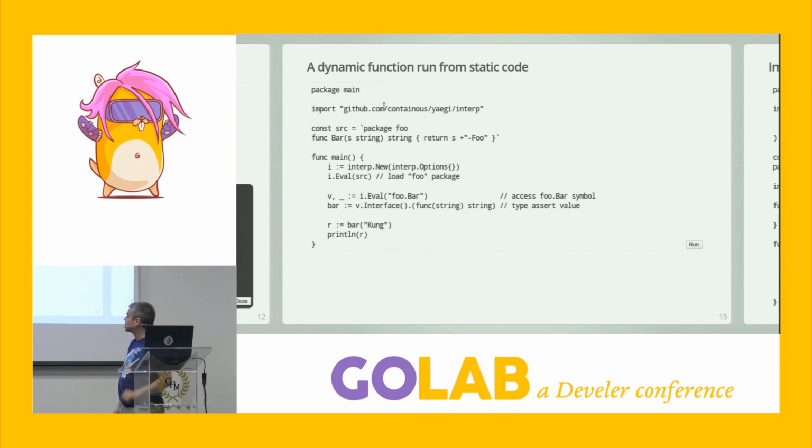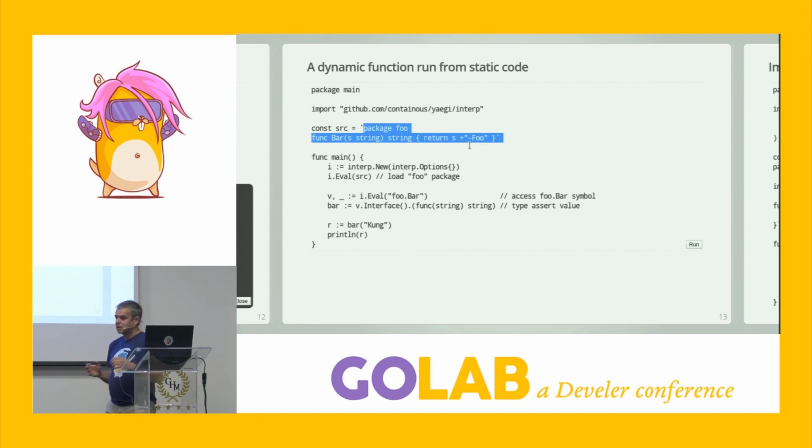I said at the beginning that also one of the goals was to be able to create some dynamic code and to make the static compiled code depend on this dynamic code. So let's see now. I won't talk about the main first. Let's look at the source which is interpreted here. This one.